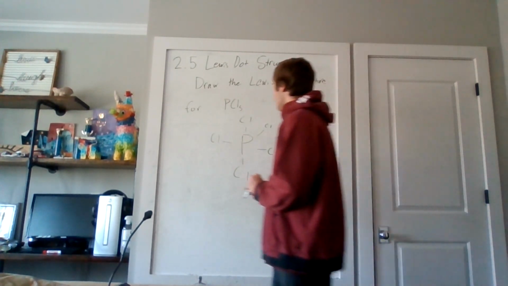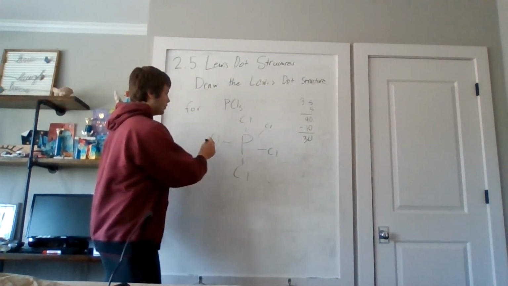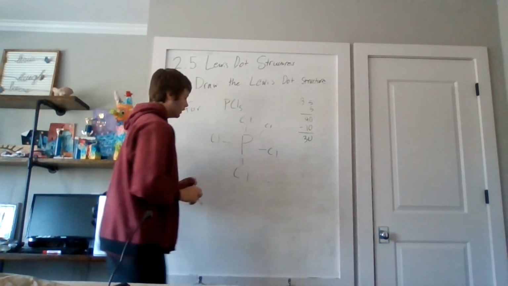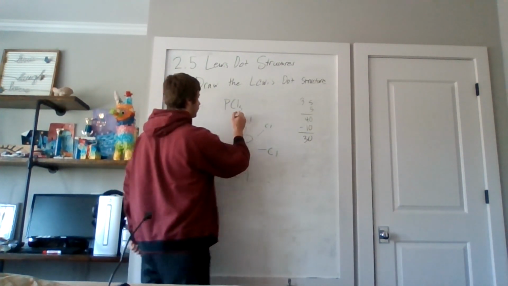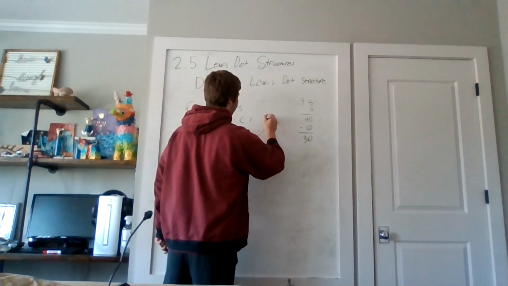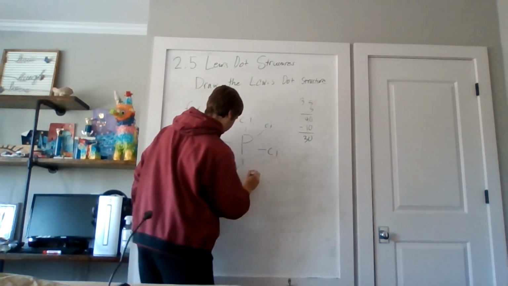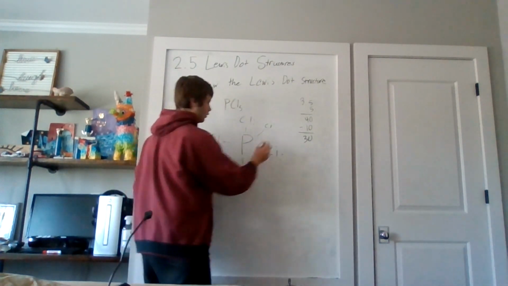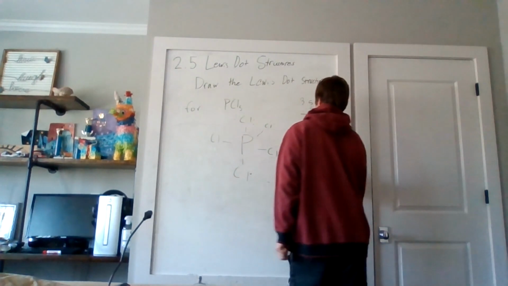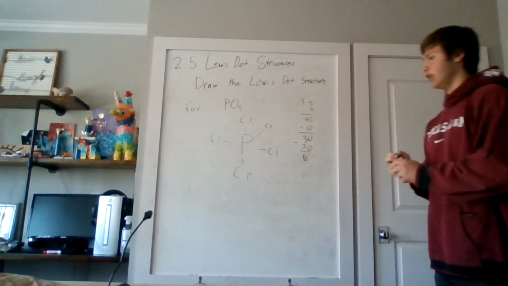So we have 6 per chlorine, since 6 times 5 chlorines is 30, we will have enough dots to fill every single chlorine. And that is the Lewis dot structure for phosphorus pentachloride.